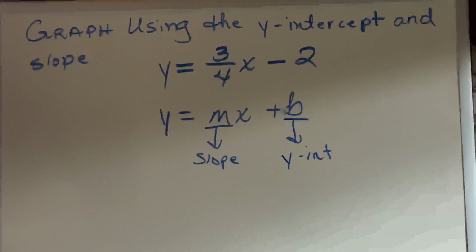The y-intercept is where the graph crosses the y-axis, and the slope means the steepness or the slant of the line. So we graph.